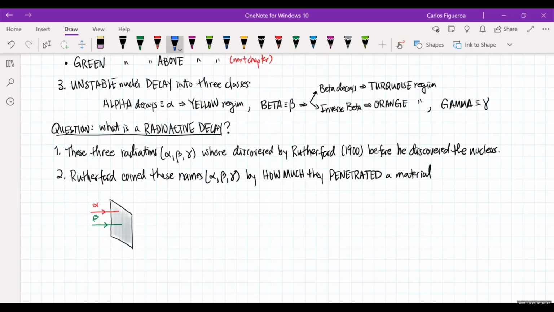And then I'm going to shoot a gamma. So again, this is an alpha. This is a beta. And this is a gamma. And what happens here is that alpha is stopped by paper. So a sheet of paper will literally stop alpha.